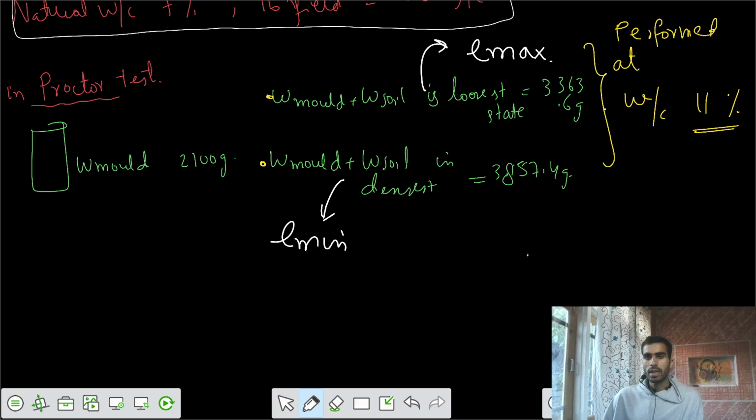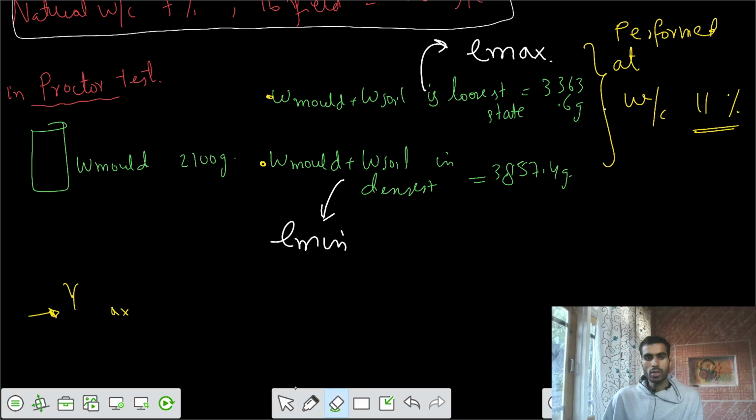So for both tests, the water content is 11%. From the data we can first get the bulk density, and after that we can calculate the dry density. Let's solve for gamma_d max.